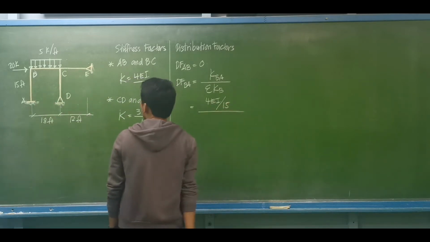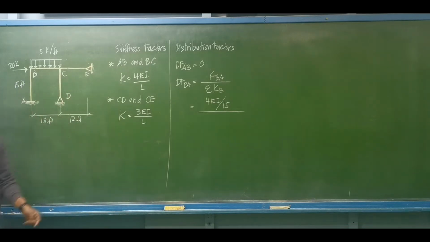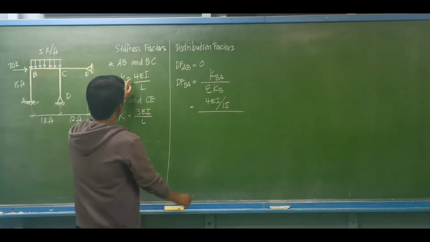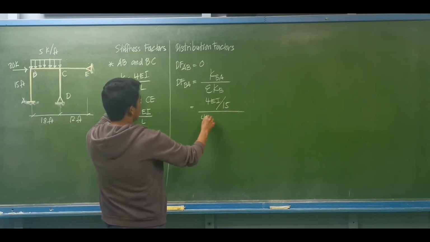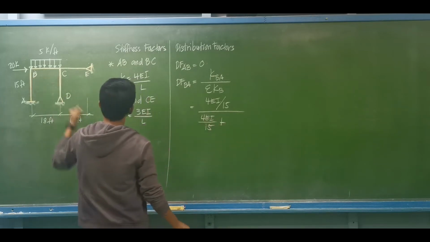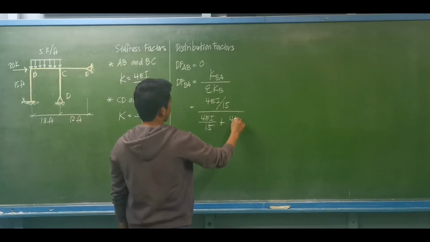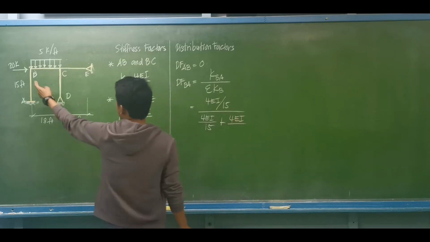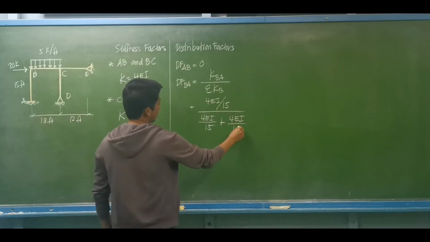This is divided by the members connected to joint B, which are BA and BC. BA is the same as 4EI over 15, plus BC, which is 4EI, the span BC being 18 feet.